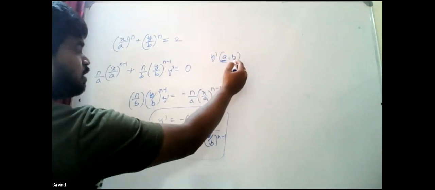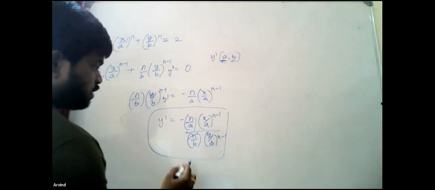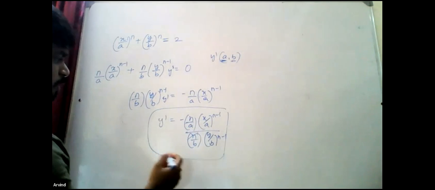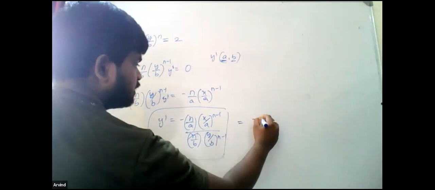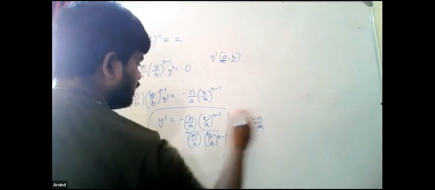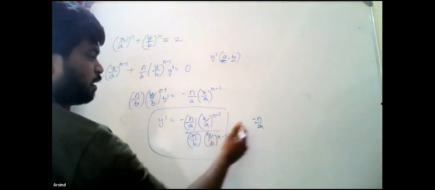Now they asked us to find y dash at a comma b, which means the x value I have to put as a and the y value I have to put as b. So minus n by a, x value is a, so a by a gets cancelled. 1 to the power anything is 1.